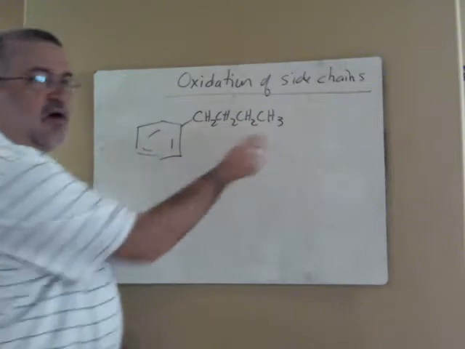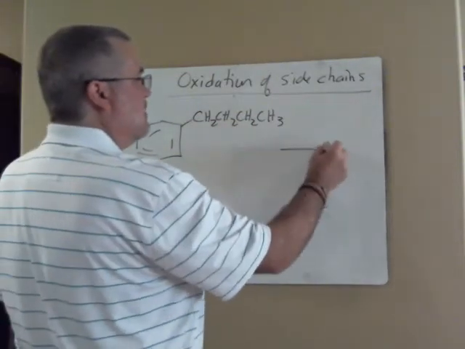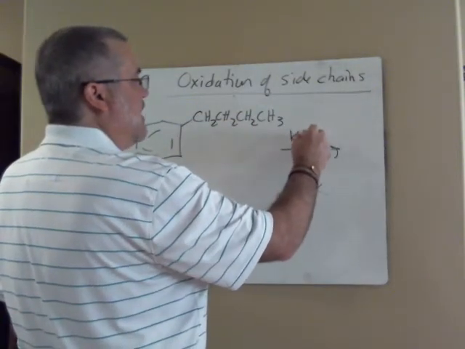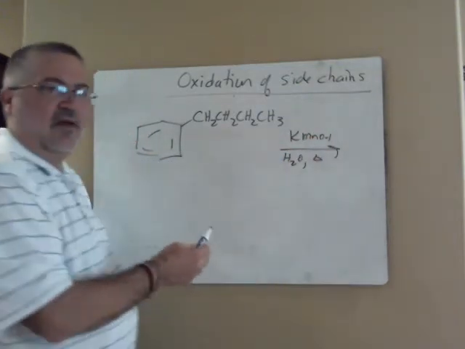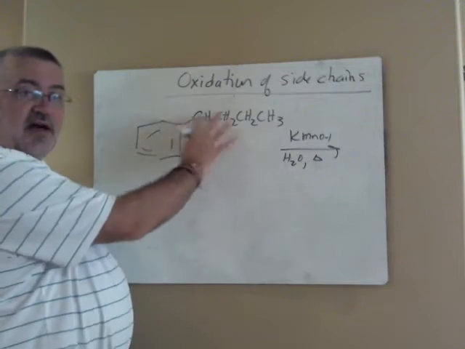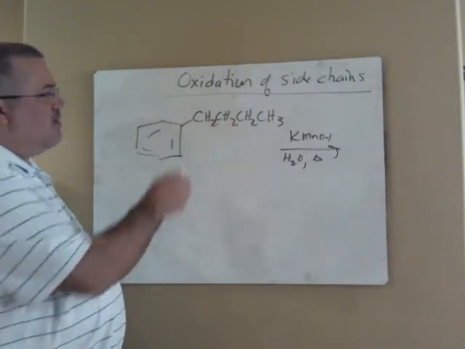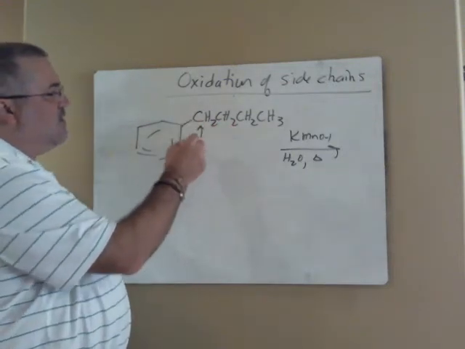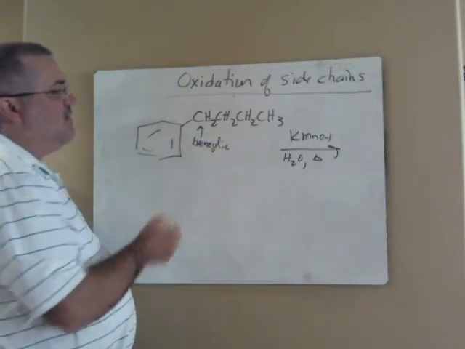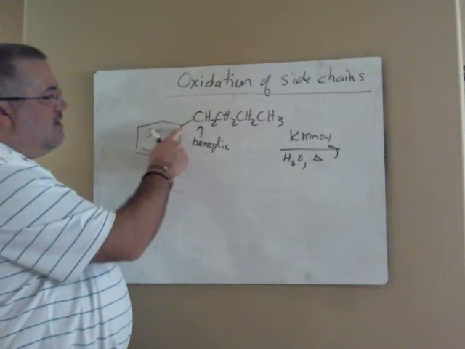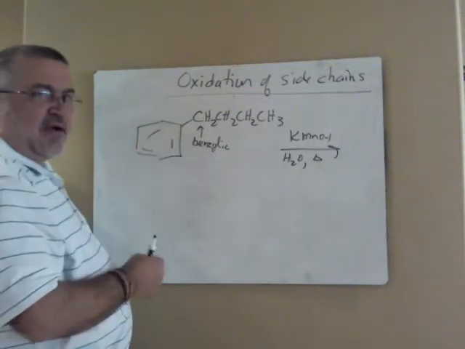Doesn't matter how long your alkyl chain is. If I react this with potassium permanganate, water, and heat, so the conditions to oxidize that alkyl group, it only affects this, what's called the benzylic position, that is once removed from the aromatic ring.